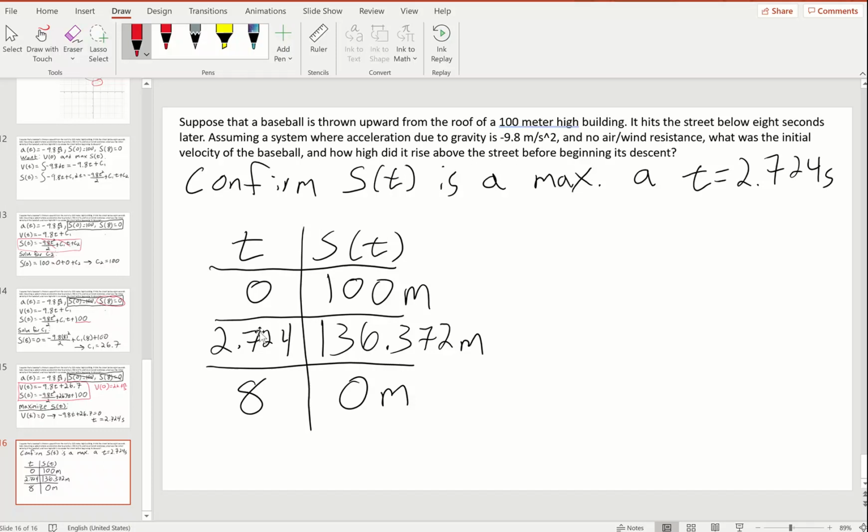I'm going to take those time periods and plug them into the position function, and you'll see that you end up with 100 meters, 136.372 meters, and 0 meters. So this does confirm that when t equals 2.724 seconds, the maximum position occurs, and that is 136.372 meters.